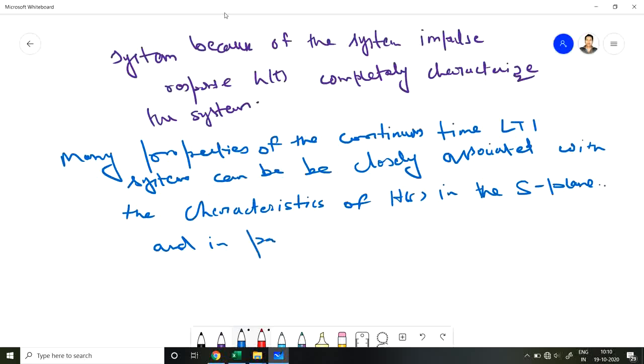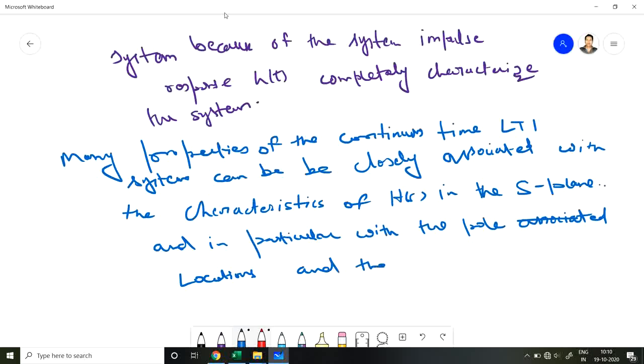In particular, they are associated with the pole locations and the ROC. The pole locations and the ROC characterize the system.